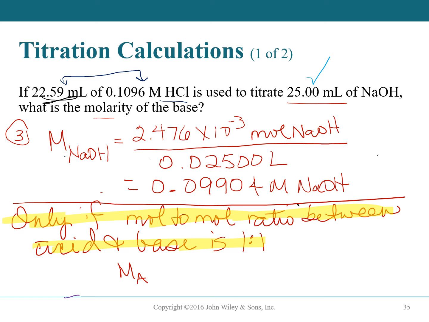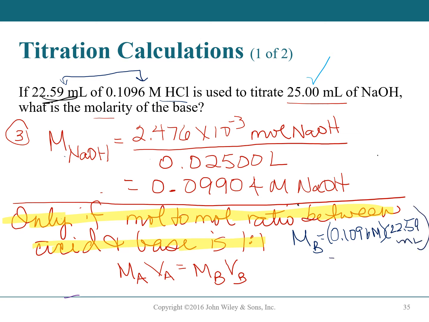The concentration of acid times the volume of acid is equal to the concentration of base times the volume of base. And if we do use this equation, we're looking for the concentration of base. That's going to be equal to 0.1096 molar times my 22.59 milliliters divided by the 25 milliliters.